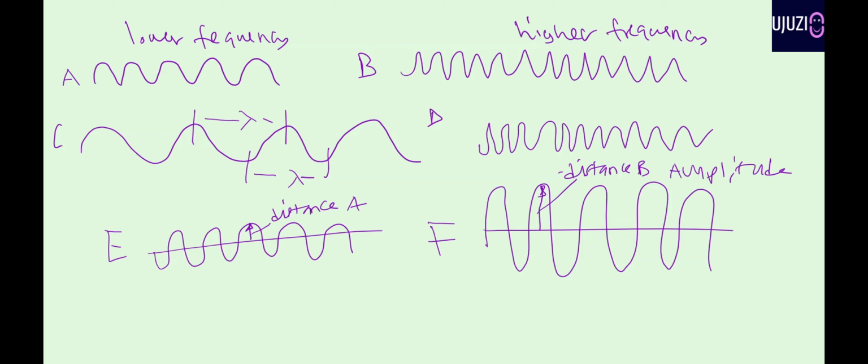Velocity. What about velocity? Velocity is also determined, or you can talk about it as speed, like this. If you are moving from left to right, the faster the wave is actually traveling, the faster it is moving from left to right.